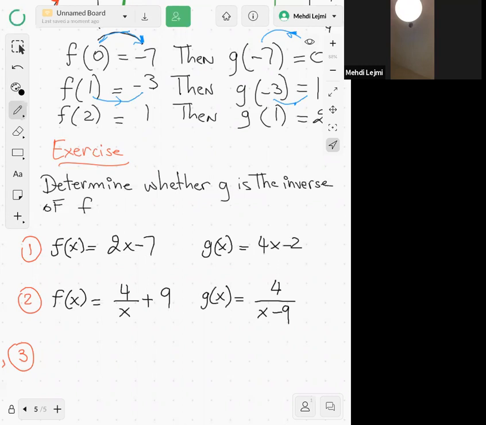And then last one, let's say f is 3x minus 5, and g is x plus 5, the whole thing divided by 3.